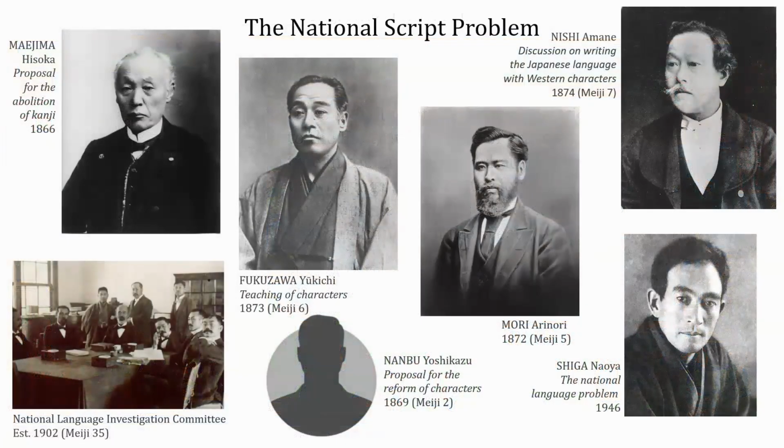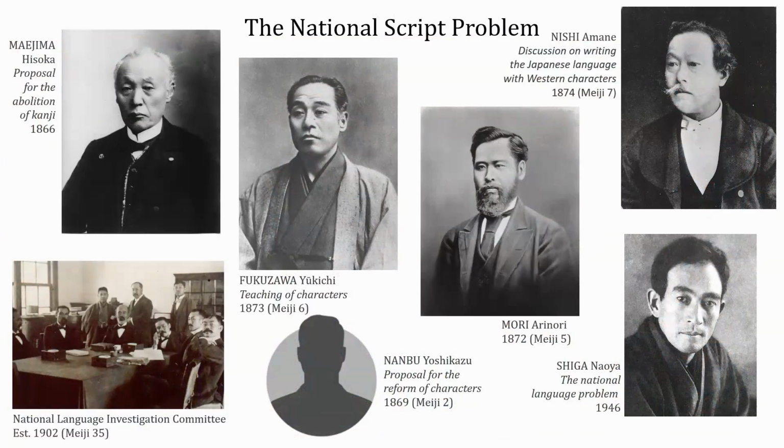So the feeling was that the Japanese writing system was holding Japan back from its desired position as a nation state and a strong modern international power. And all of these men were trying to answer the same question, which is how to be more like the Western powers through writing.